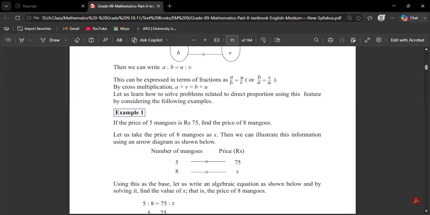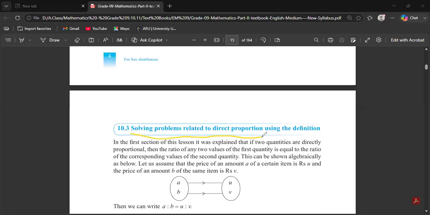Yes, this lesson, this topic: solving problems related to direct proportion using the definition. If you are getting questions regarding this lesson, direct proportion, you can use any method. It's up to you. Okay.